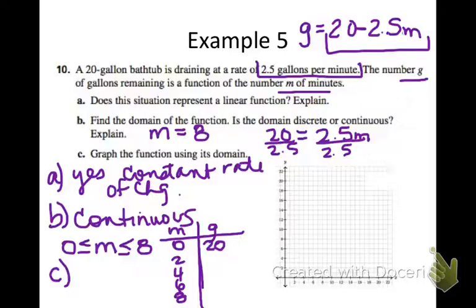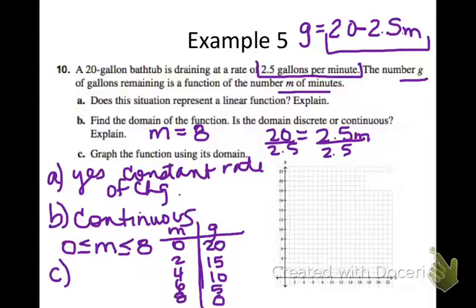After 2 minutes, 15 gallons. After 4 minutes, 10 gallons. After 6 minutes, 5, and after 8 minutes, all 20 gallons have been drained.